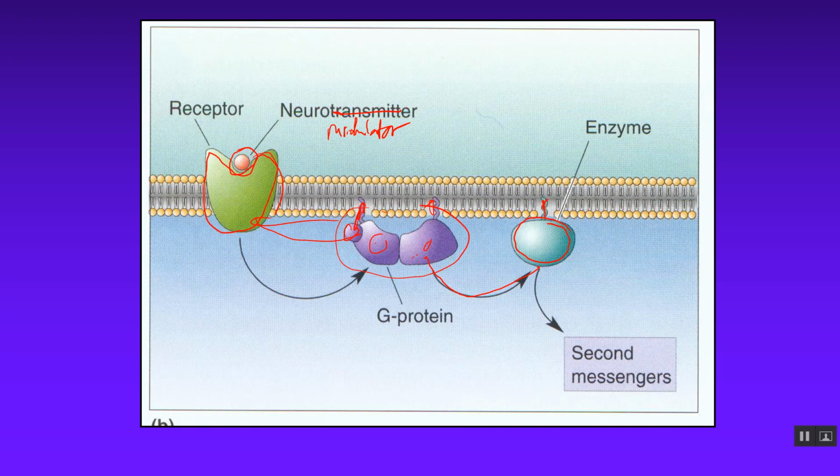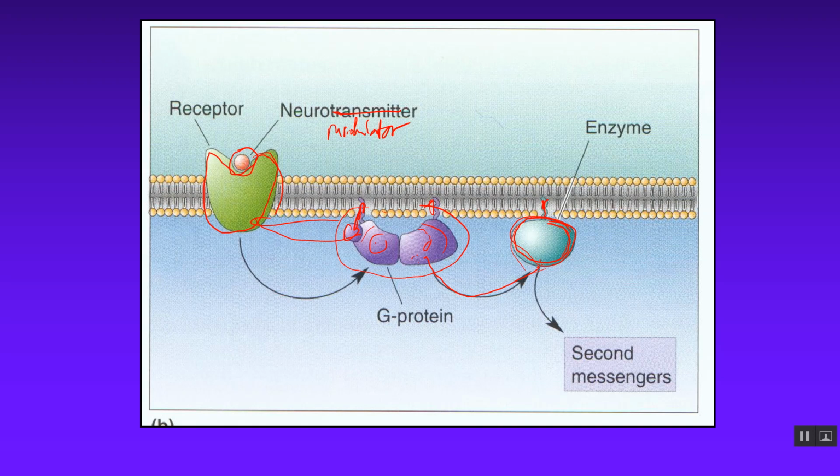That enzyme then will cause the production of another cell product called the second messenger. So the first messenger is sort of the G protein. The G protein activates typically an enzyme to then create, through its enzymatic activity, another product called the second messenger.